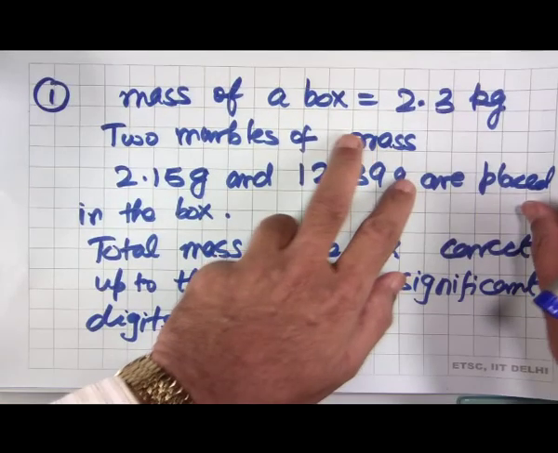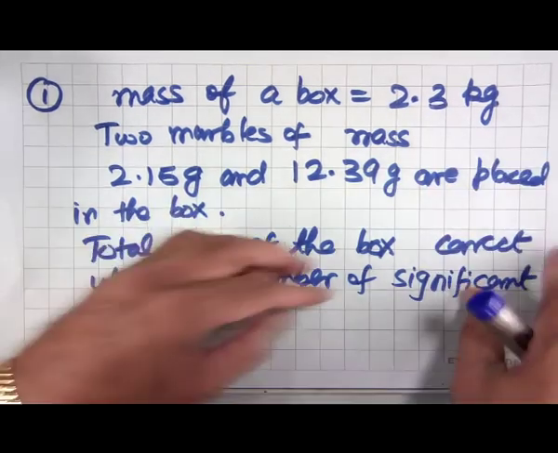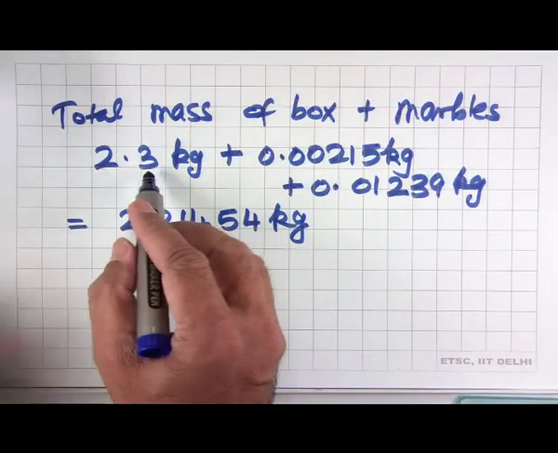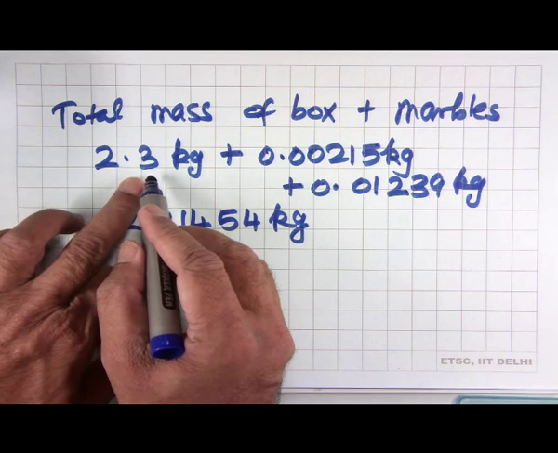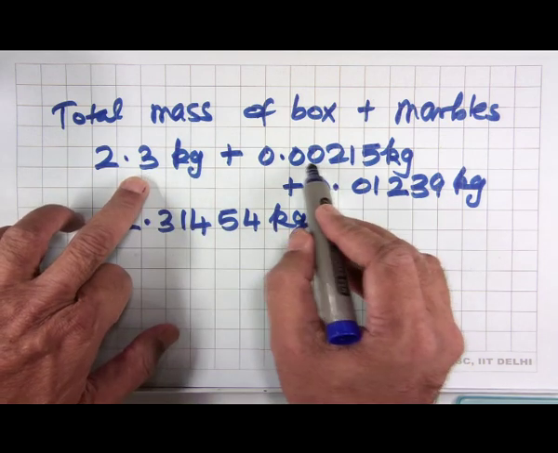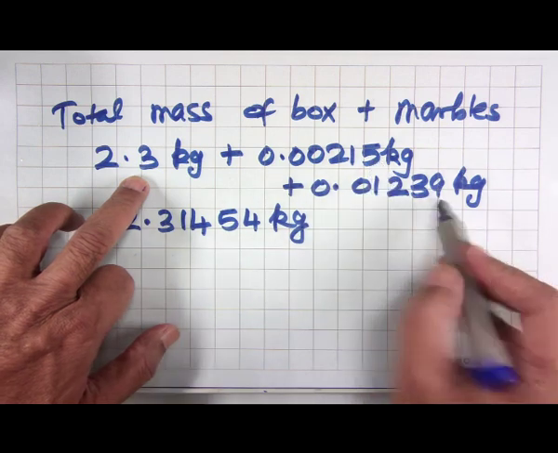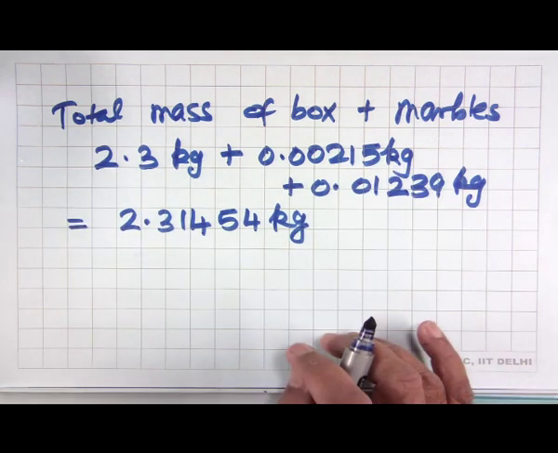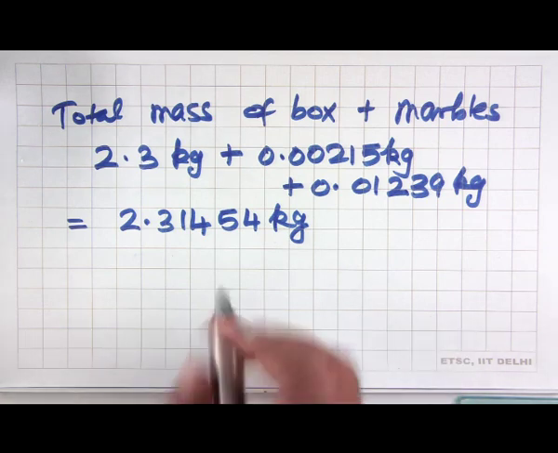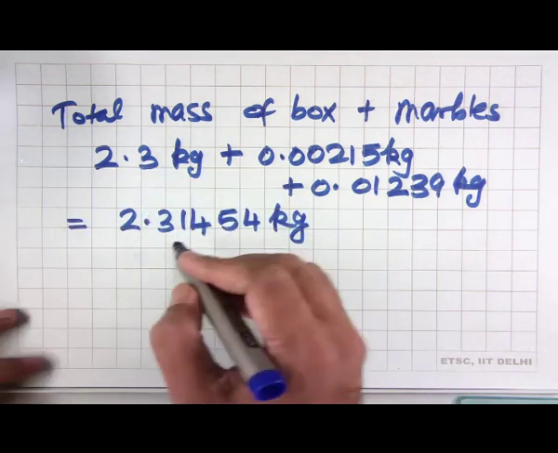Here what we see is that the first quantity which we have added, 2.3 kgs, is given up to 1 decimal place, whereas the other quantities both go up to 5 decimal places. So, we have to round our answer to the first decimal place.